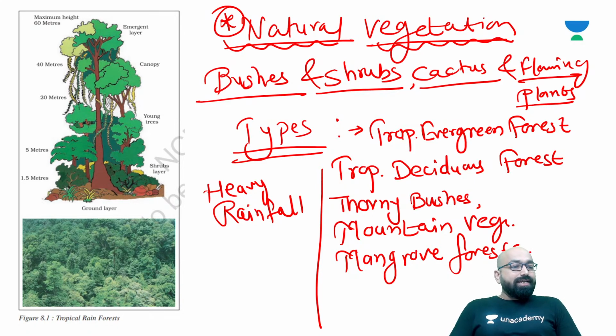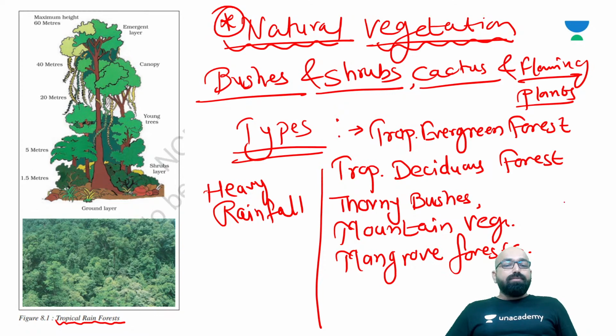So see, here is the diagram of the tropical rainforests. Now, the important trees found in these forests are mahogany, ebony, and rosewood.